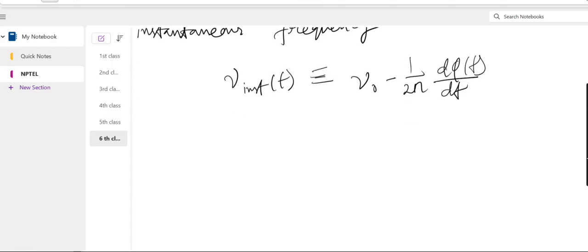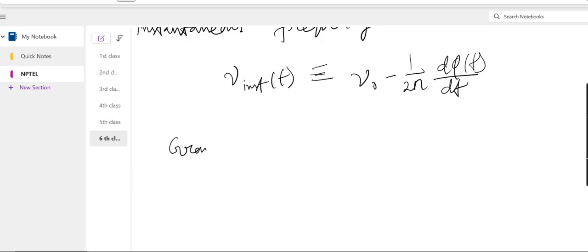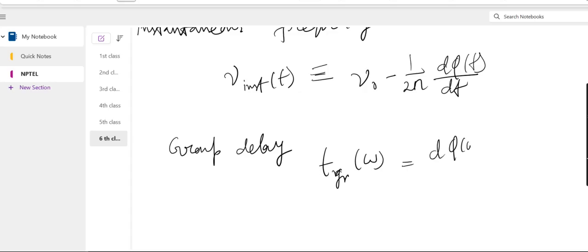Another thing that has been discussed is group delay, which has the dimension of time. Here phi is a function of omega, that means the spectral phase.